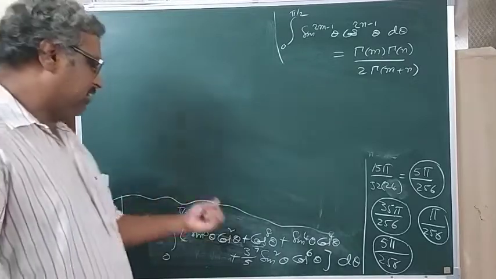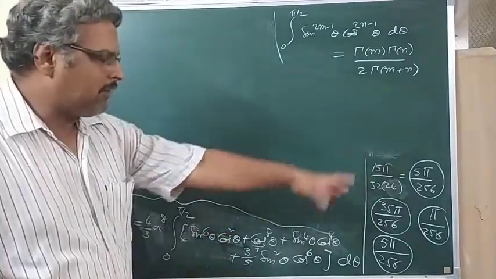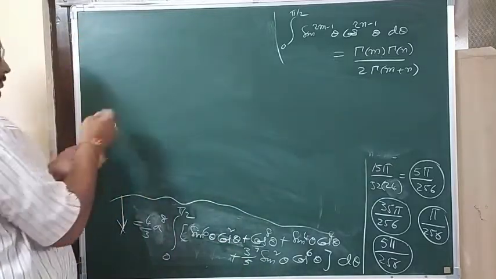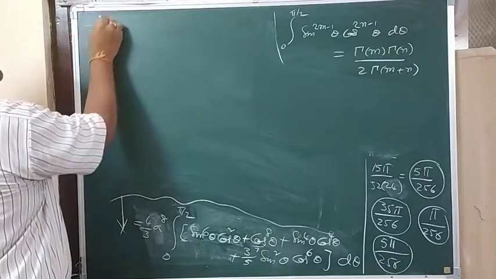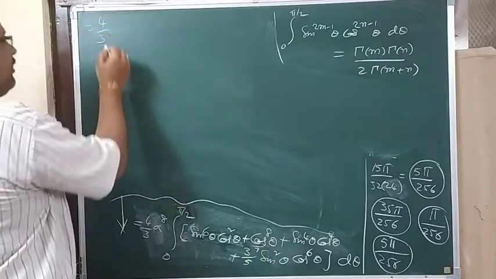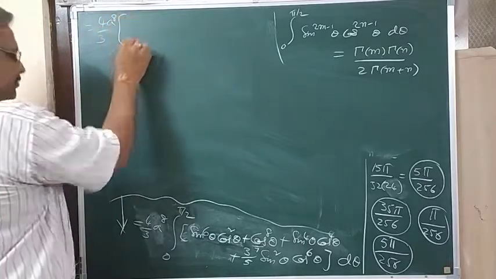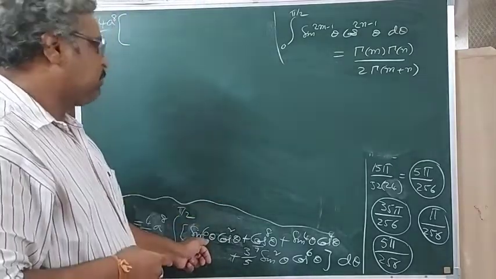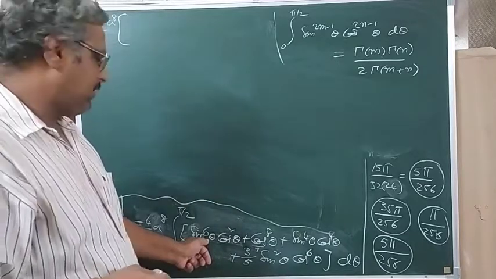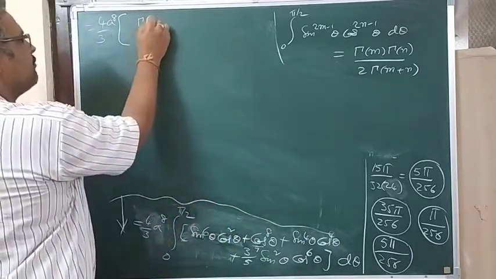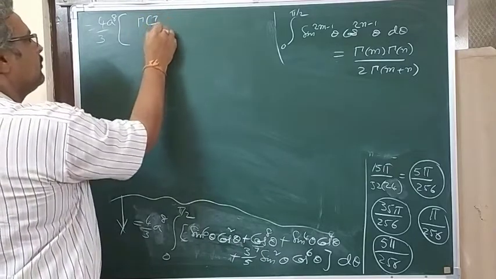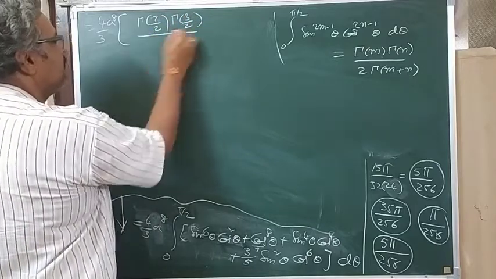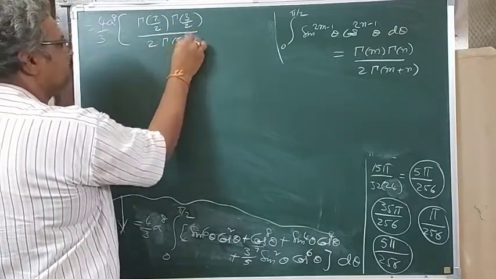Okay, earlier the integrals were separately integrated and we got the values. Now we will write all these things at a time. Four by 3 into 8 power 6 half. So this we already discussed earlier. 2m minus 1 is 6, that is 7. Gamma 7 by 2 into gamma 3 by 2 by 2 times gamma 5.